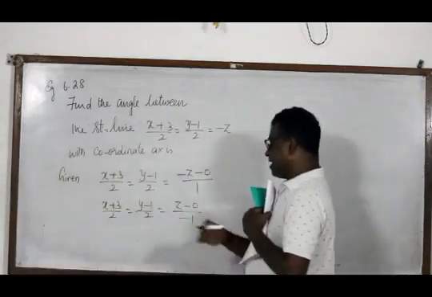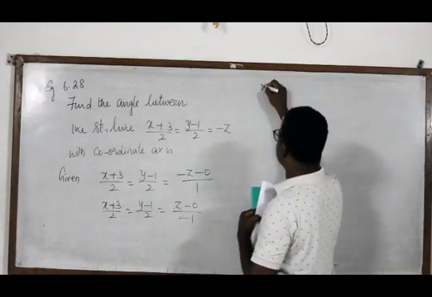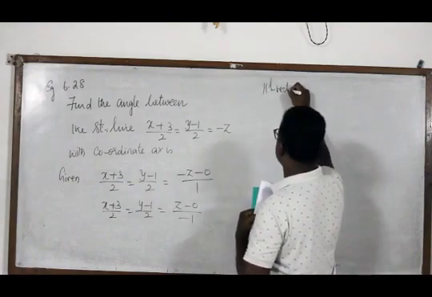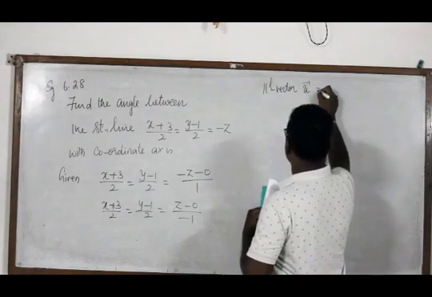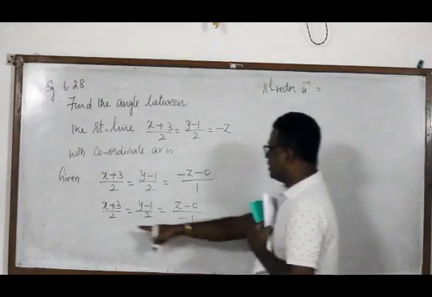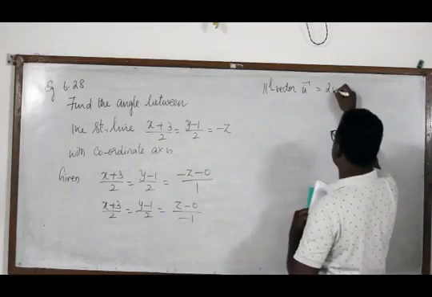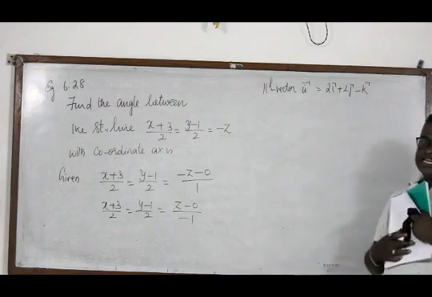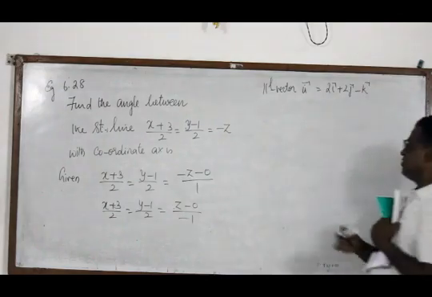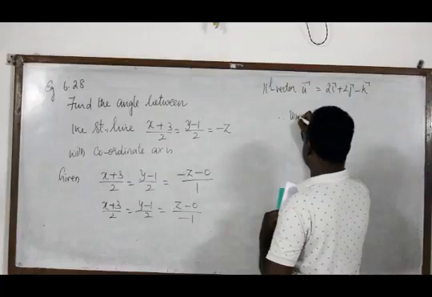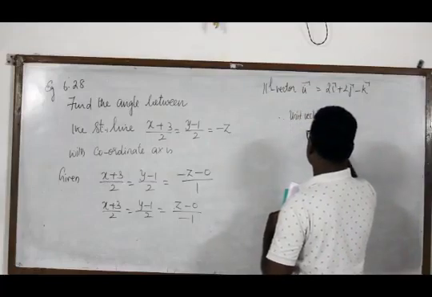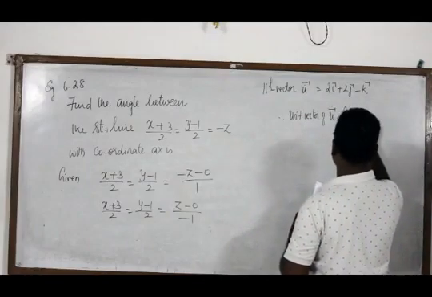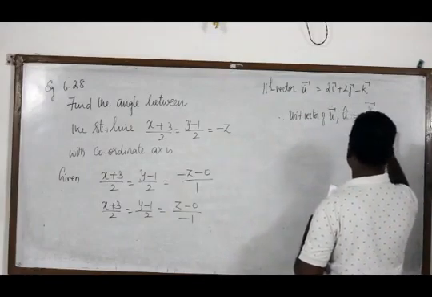Then the parallel vector u is equal to the denominators, isn't it? That is 2i plus 2j minus k. This is the vector. Let me find the unit vector of this vector. Therefore, unit vector of u, that is u cap equal to u vector by its modulus.